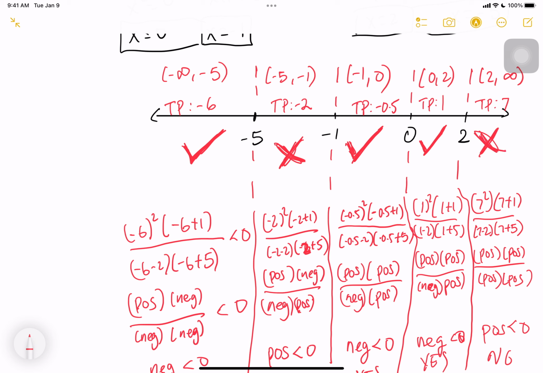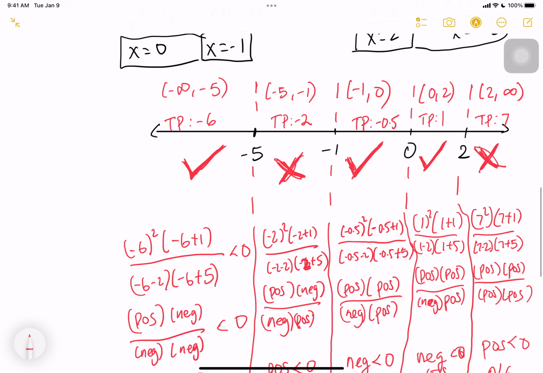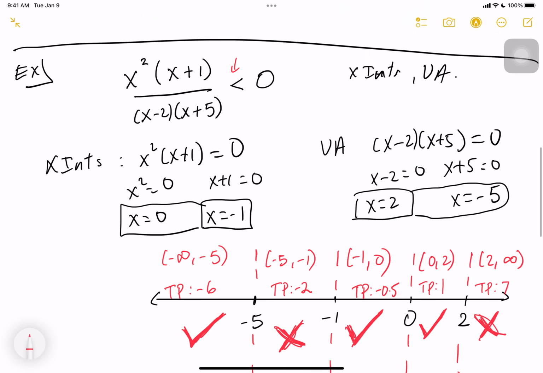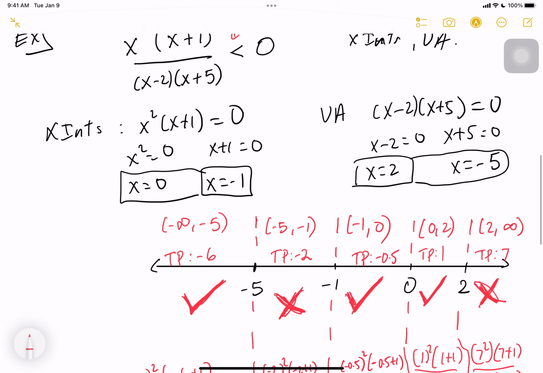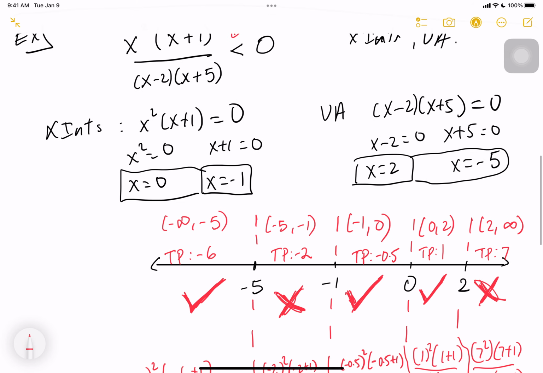So notice the more delicate features for these inequalities. They take a little bit more time and you have to be very careful. But really and truly, it's just finding the breakpoints and testing each of these regions right here. I would point out that the number 2 is a vertical asymptote, and the number -5 is a vertical asymptote. And the only reason I point that out is that if it was less than or equal to, these would still be parentheses.